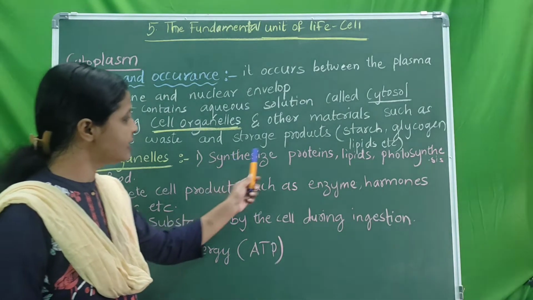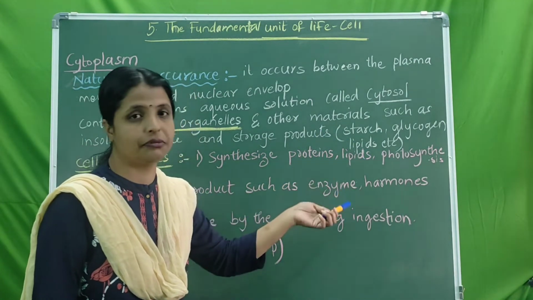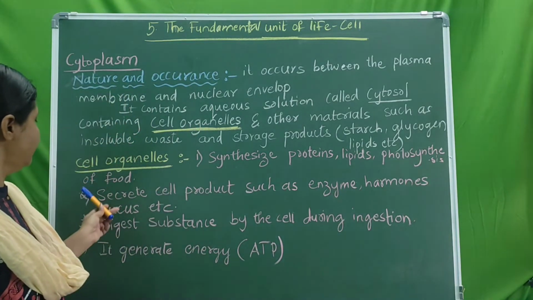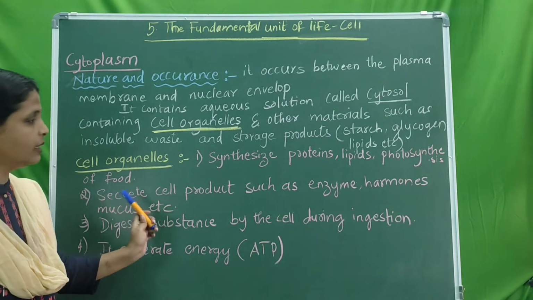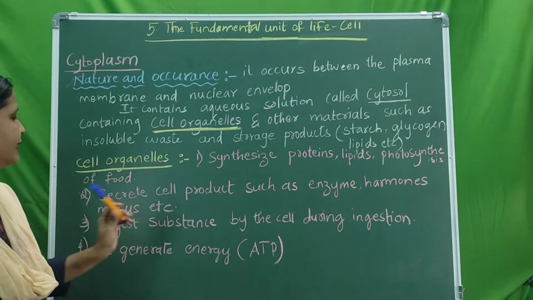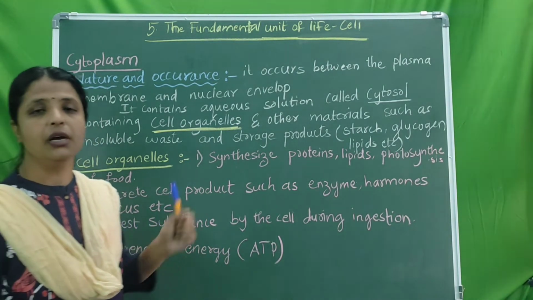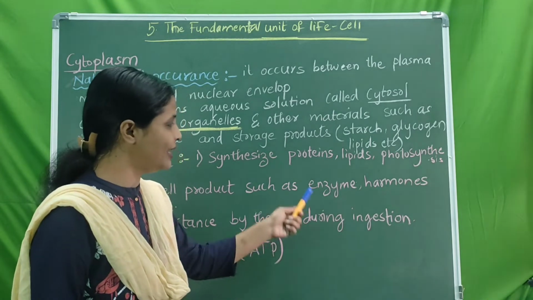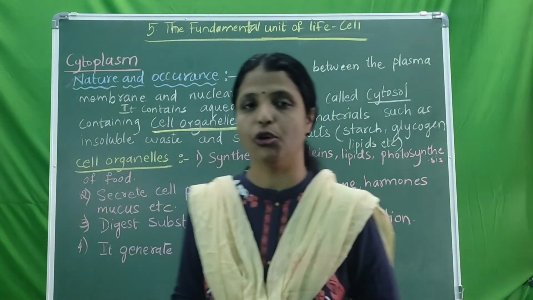So it synthesizes proteins, as well as lipids, that is, fats. Second, it secretes cell products such as enzymes, hormones, mucus, etc. It also plays the role of secreting some products. You know very well what enzymes, hormones and mucus are, you have already learnt about them.